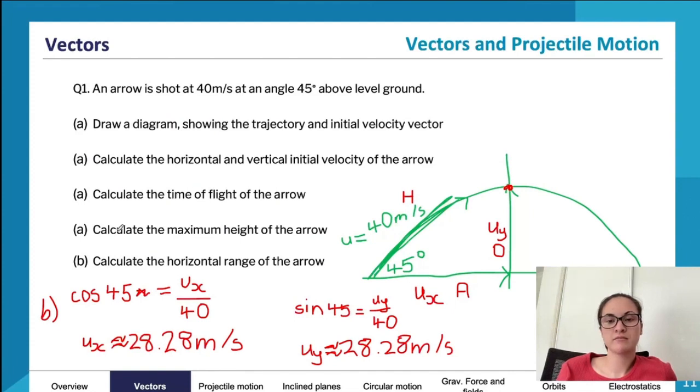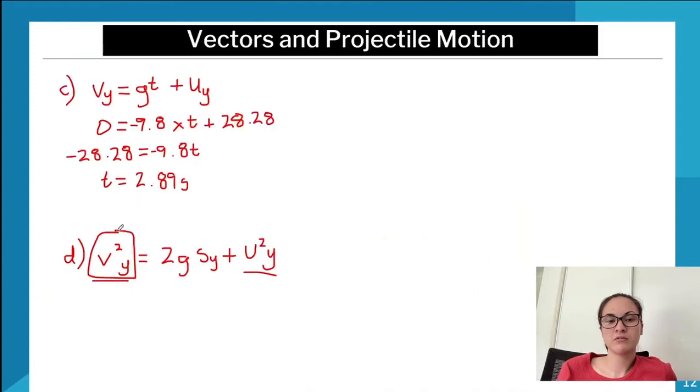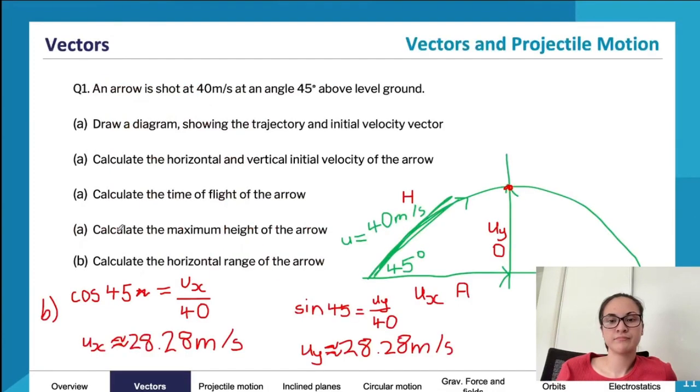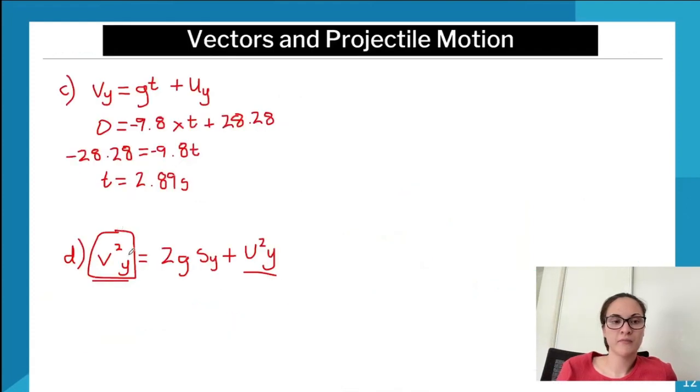But it can't be, for the sake of math, so I think we'll just use the Uy that we have, and then we'll just leave Vy as 0. I think that's what we'll do.